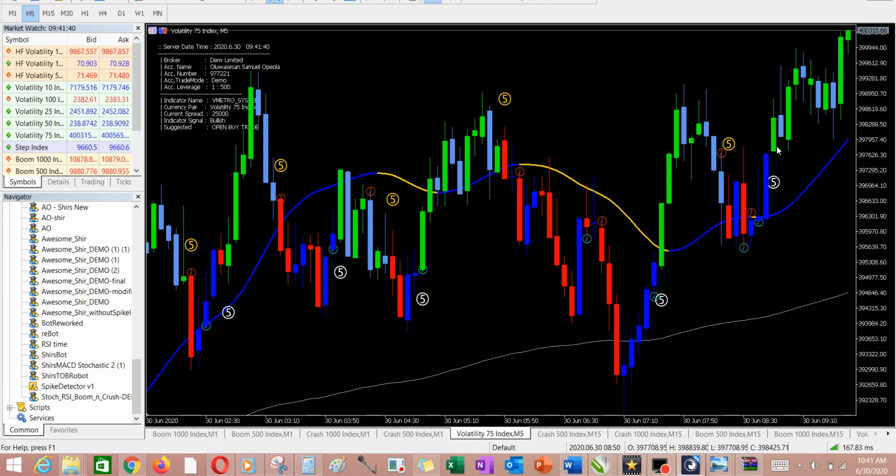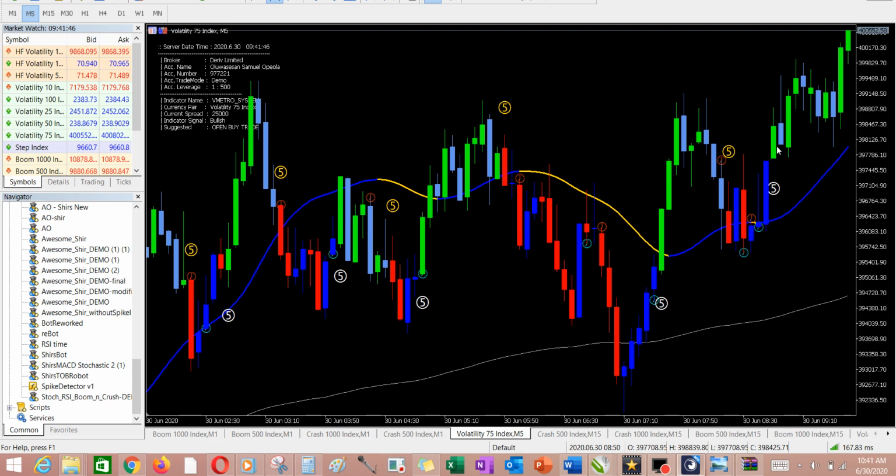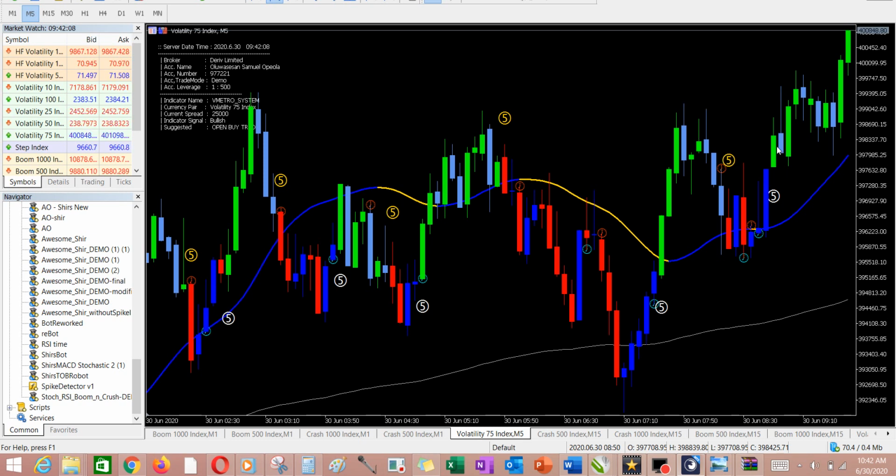But that is why I always advise you to have enough capital and also to use a reasonable lot size, because if you are having small capital and you are using a lot size that is not reasonable and you enter the market, probably you are trading for the first time, or you just heard that it is giving a whole lot of money, and you decide to trade it instead of trading boom and crash that you are used to, without practice, and you decide to trade it without practicing first.